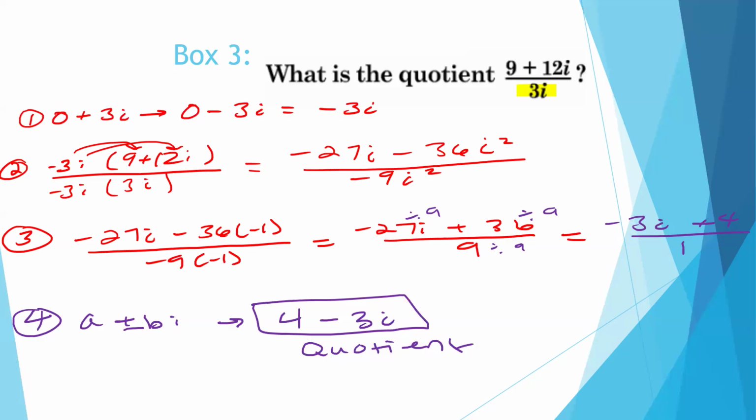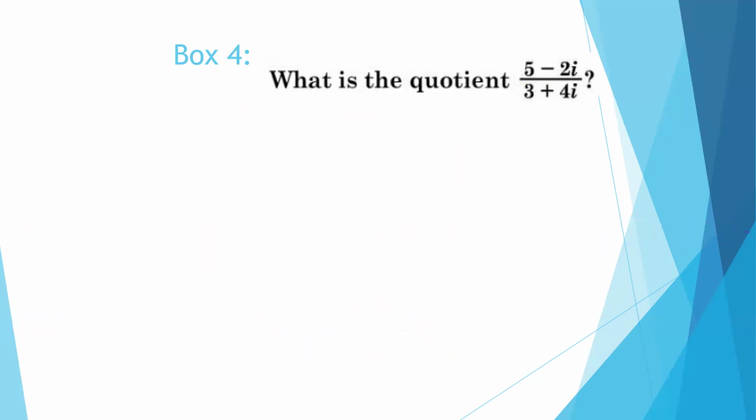All right. Let's do a little harder one in our last box. So we have 5 minus 2i divided by 3 plus 4i. For this example, I'm going to model and remind you guys that you have FOIL, but you also can use the box method if you like to stay a little more organized and see things a little clearer while doing it.